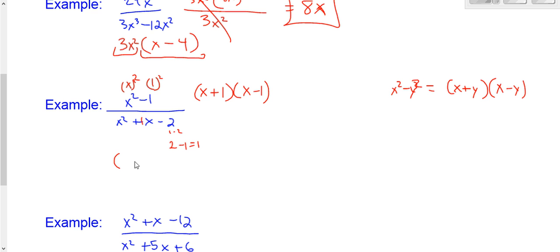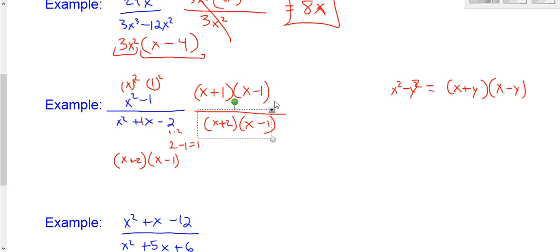So our factors are going to be x plus 2 and x minus 1. To rewrite this, our numerator is x plus 1 times x minus 1. Our denominator is x plus 2 times x minus 1.